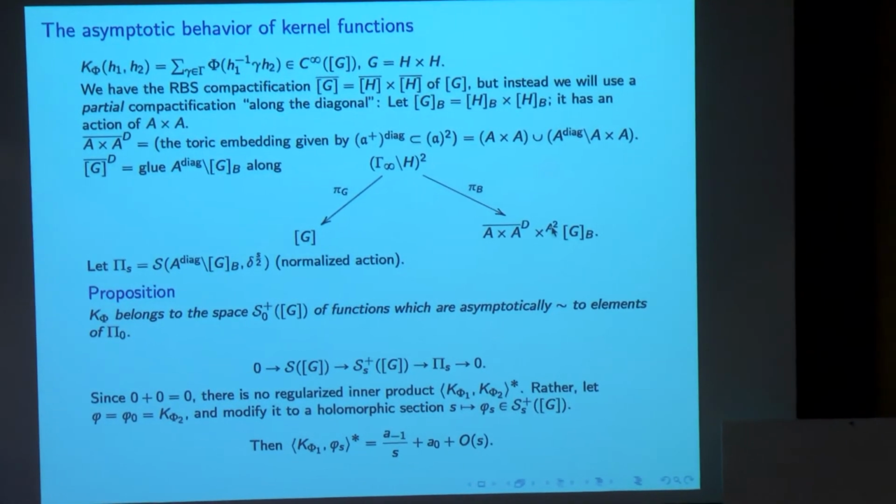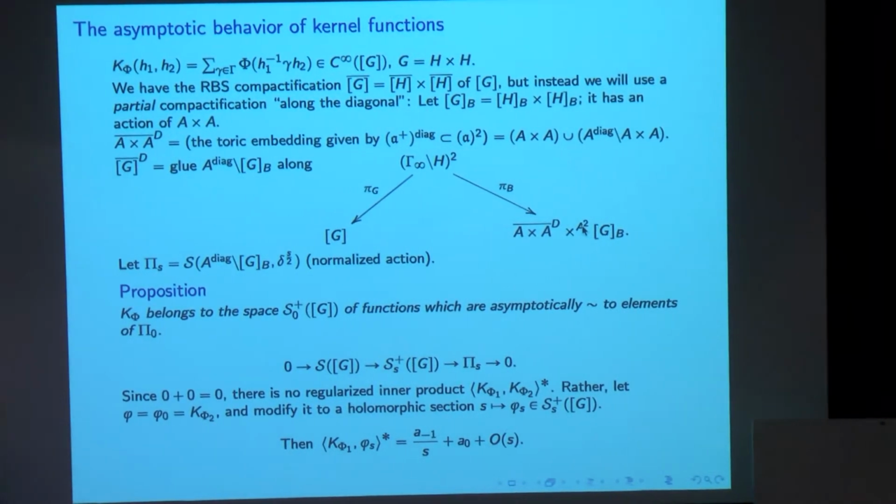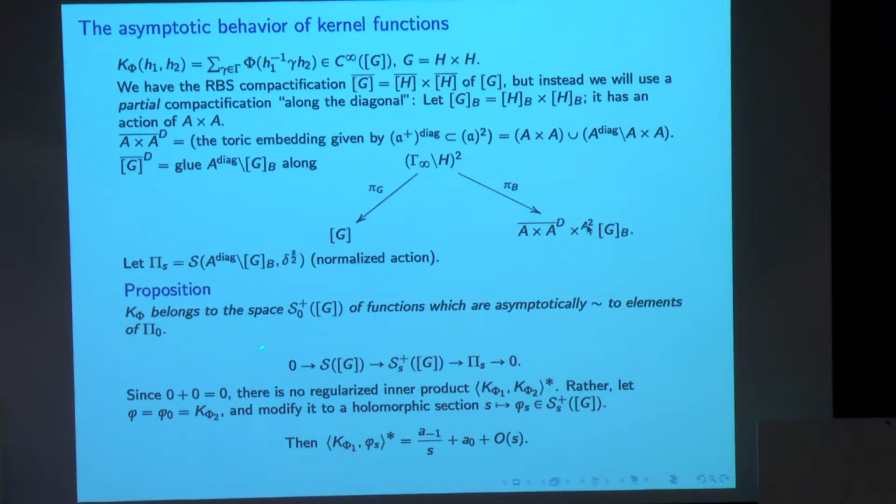So this is a generalization of the one-dimensional example that I gave before. Unfortunately, the character by which they vary, this delta to the s over 2, is with s equals 0. And that means that if I try to define the regularized integral of two kernel functions, even in the regularized sense, it doesn't exist. There is no invariant way to extend the inner product to those functions.